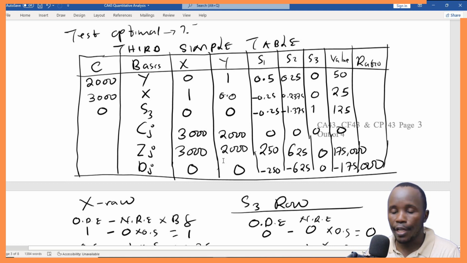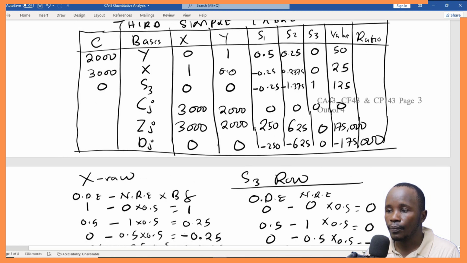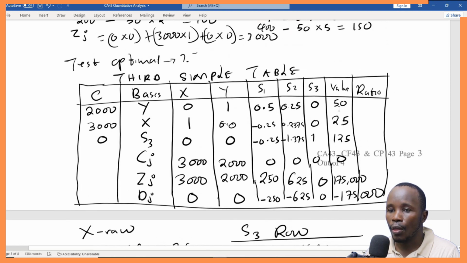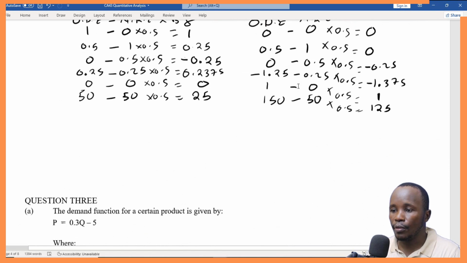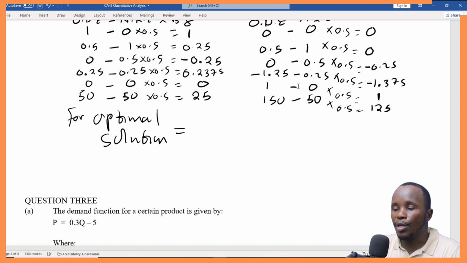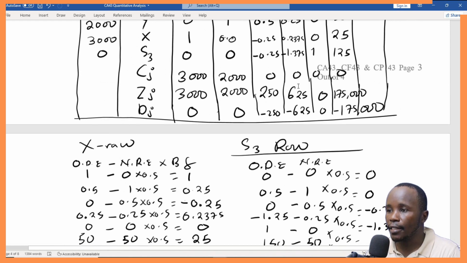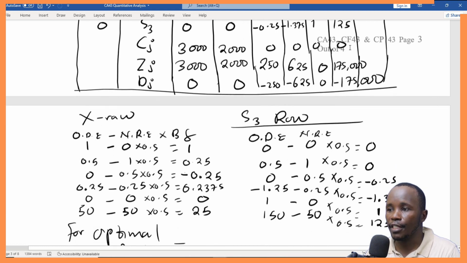What is our conclusion here? We look at the values here. For optimal solution, because already here we have the optimal, we can say this. For optimal solution, you notice that the value of x here is 25, the value of y here is 50.